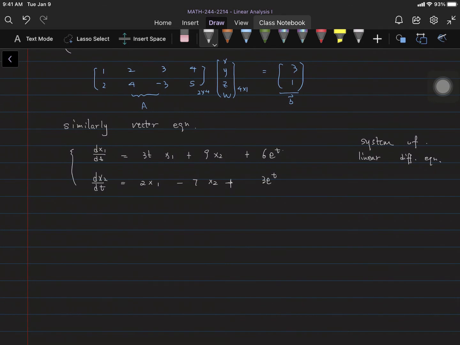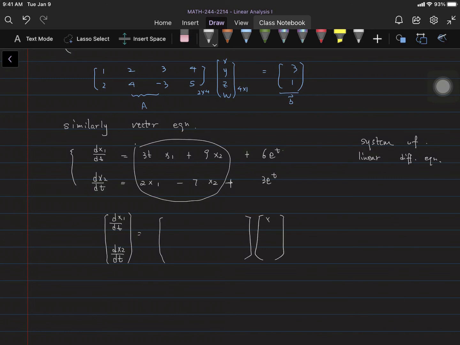So let's see. The left side, we say dx1/dt, dx2/dt. We are going to write this in matrix form, and then we write this part as the product of, you can see, 3t, 9, 2, negative 7.